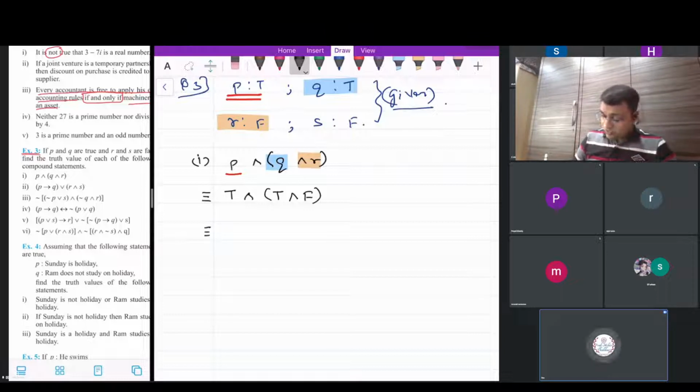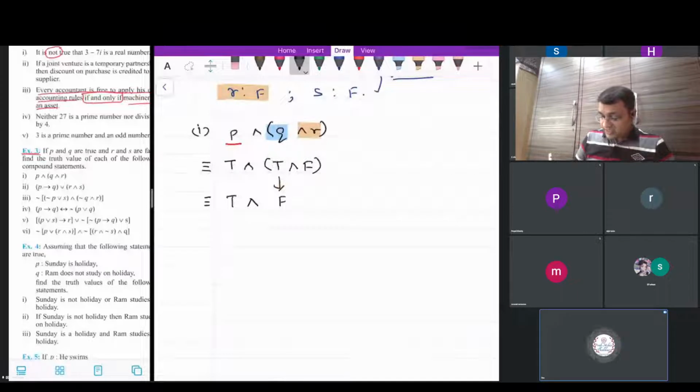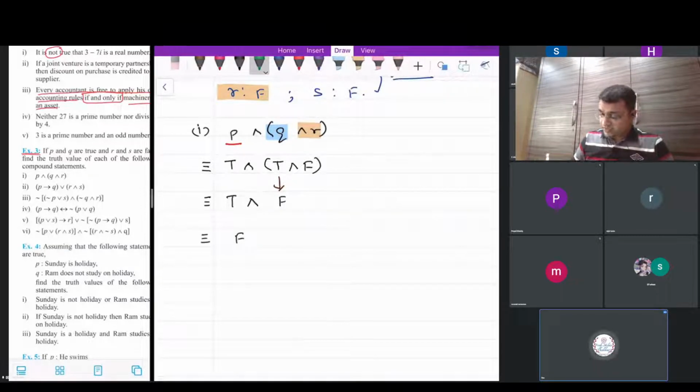So I will write over here false below it, and the remaining elements will be just taken down, T and F. So the next step has to be T and F. After that, again it is the same thing, so we don't have to think a lot in this. So finally the answer should come out to be equal to F, which looks like our final answer.